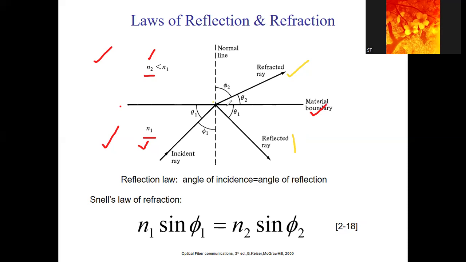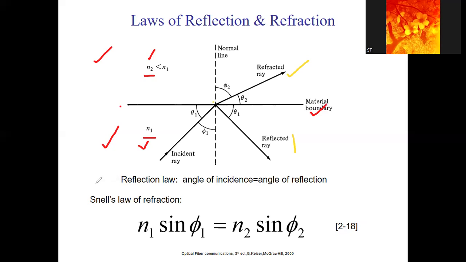What is the reason behind this bending? This bending of the ray is due to the change in refractive index in these two media. How do you calculate the refractive index? This we have seen in the earlier slide.